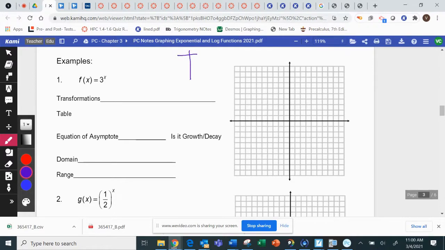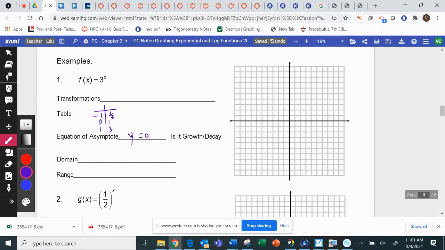I'm going to use negative 1, 0, 1 for my x's. I'm going to plug those in and I'm going to get 1/3, 1, and 3. And my asymptote didn't quite make it into my table, but that's okay. That asymptote would be y equals 0.